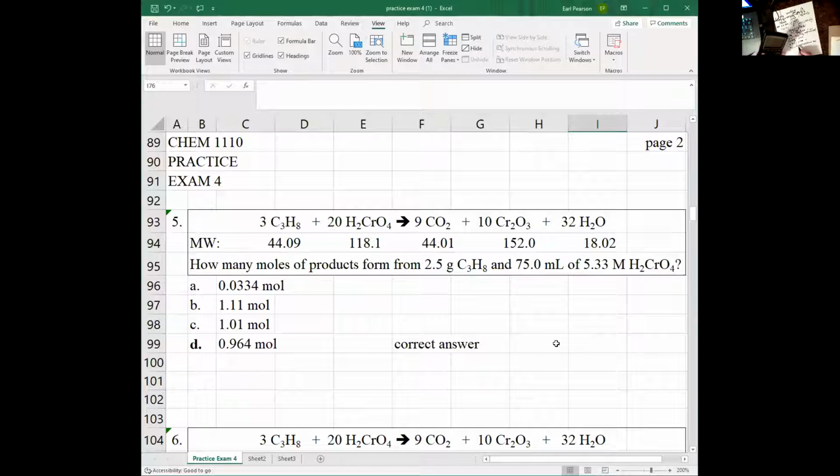And again, if I round off to 3, moles, that's going to be D. Okay, and that's what we got.